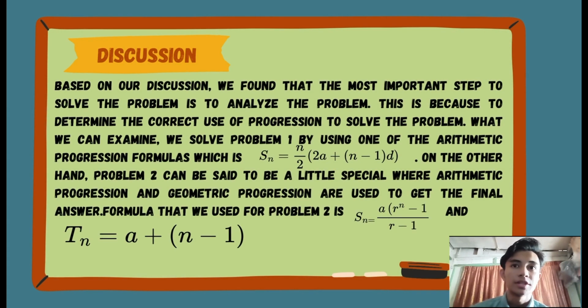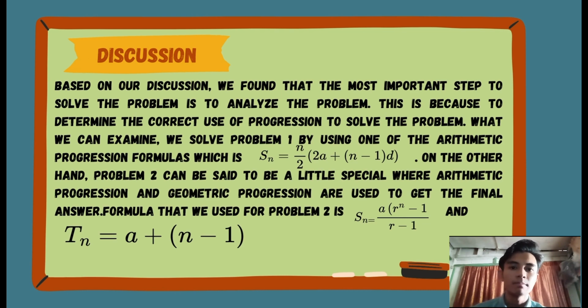In our discussion, we found that the most important step to solve the problem is to analyze the problem. This is because we must determine the correct progression to use to solve it. We solve problem 1 by using one of the arithmetic progression formulas, which is S equals n over 2 times (2 times A plus (n minus 1) times D).